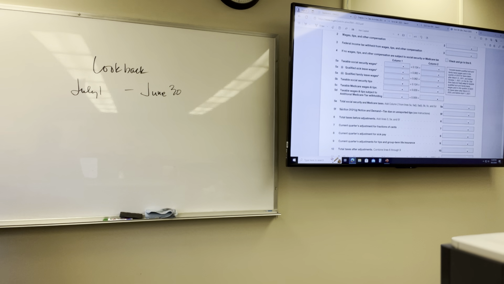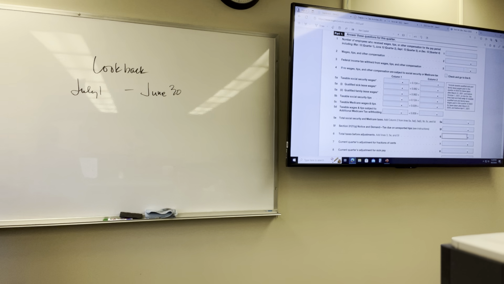All right, we don't need this 5F. Don't worry about that, unreported tips. But on line 6, we're going to have to total up what we had on line 3. So on line 3, we'll do 100,000 here. We'll say we withheld $20,000 of income taxes.